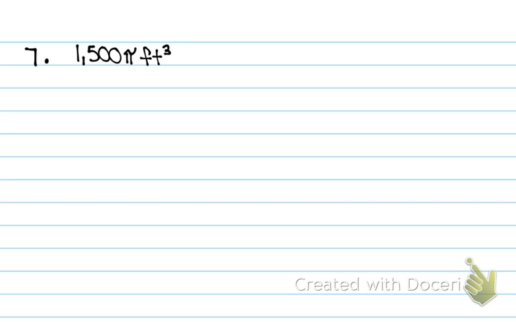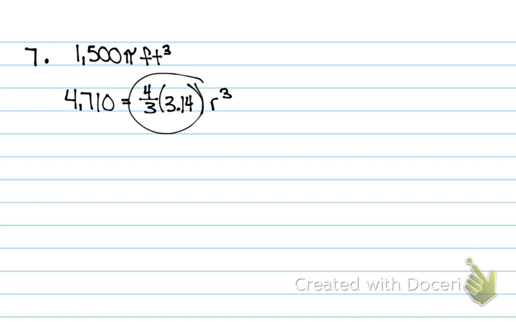So what do I have to multiply 1,500 by? 3.14. So it's 4710 equals 4/3, that's part of my formula, times 3.14, and I don't know the radius. Based on what we just talked about on the last slide, we should know what work we need to show here.